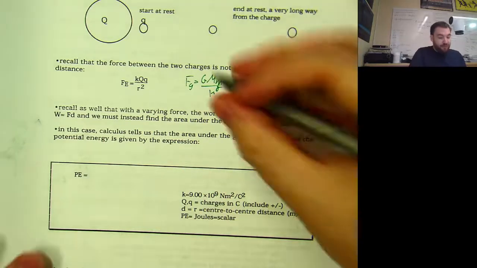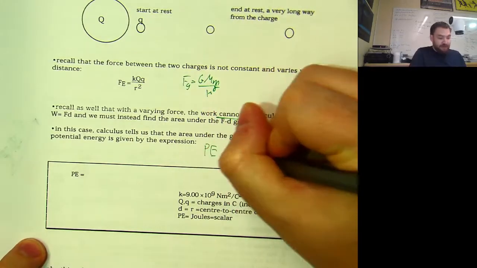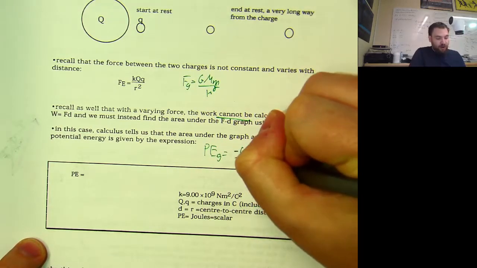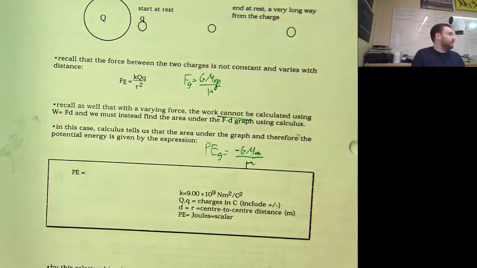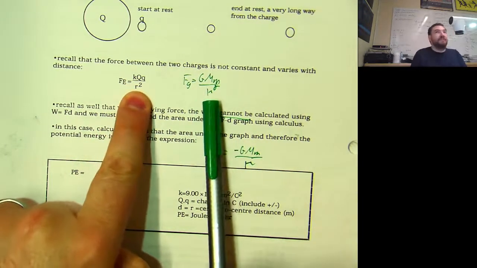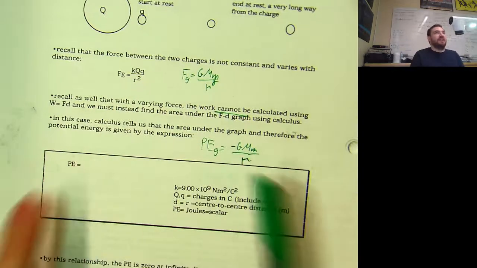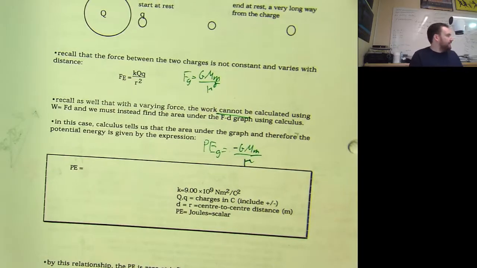we found before that PE gravitational is equal to negative GMm over r using calculus. And because the forces that we're dealing with have basically identical formulations, then the potential energies are going to have to be basically the same formulas.